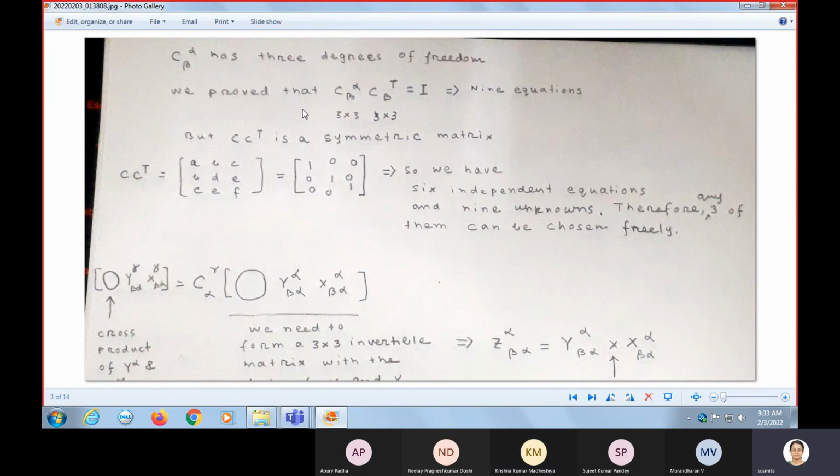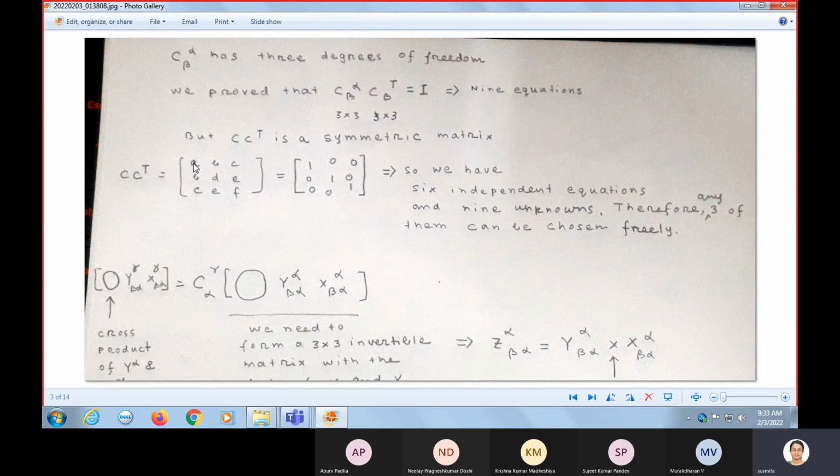Okay, next, see the coordinate transformation matrix has 3 degrees of freedom. So you can use Euler angles, but without using Euler angles also it is possible. You just use this formula, CC transpose equal to I. From here we get 9 equations, and we know CC transpose is a symmetric matrix.